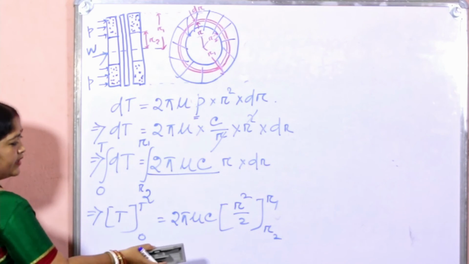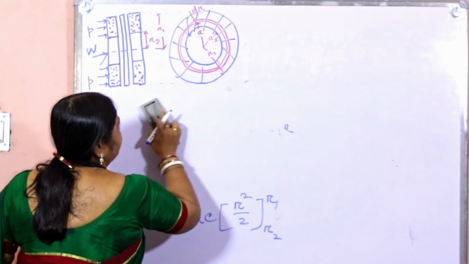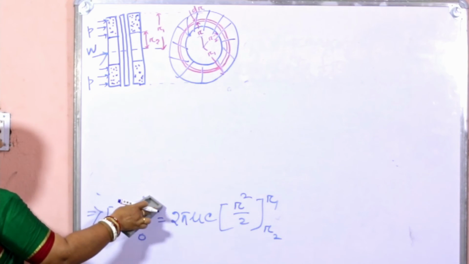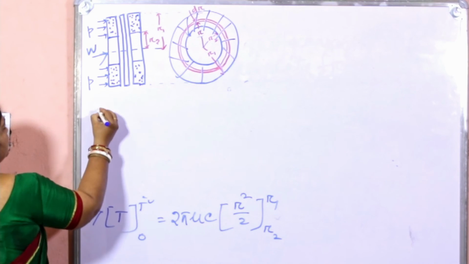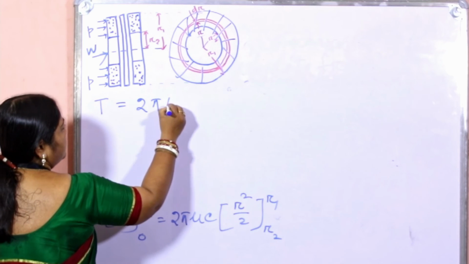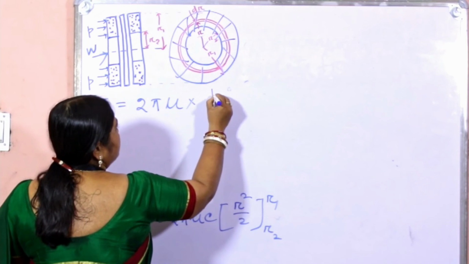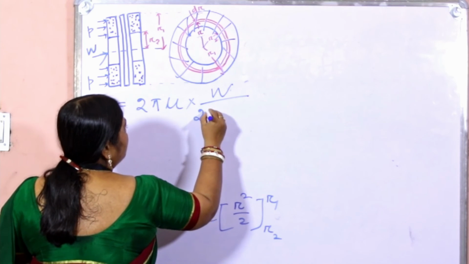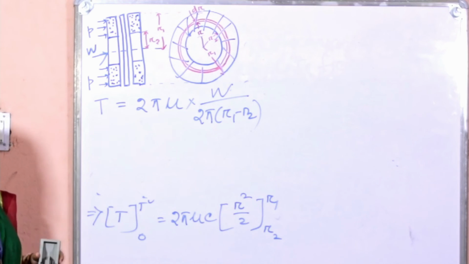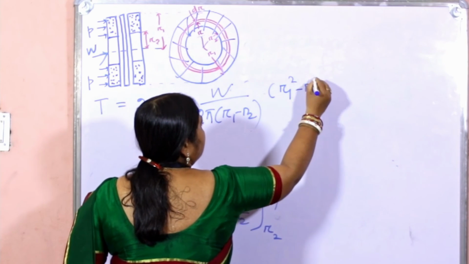So T is equal to 2 pi mu into C, and we calculated the value of C: C is equal to W divided by 2 pi into R1 minus R2. Then here it is R1 square minus R2 square.